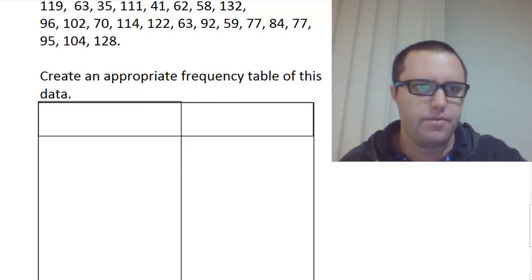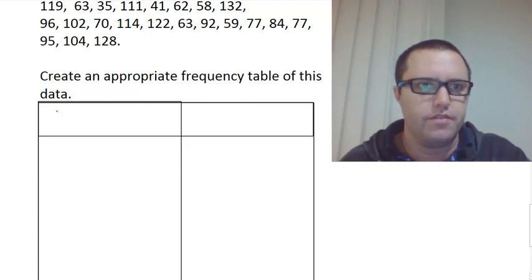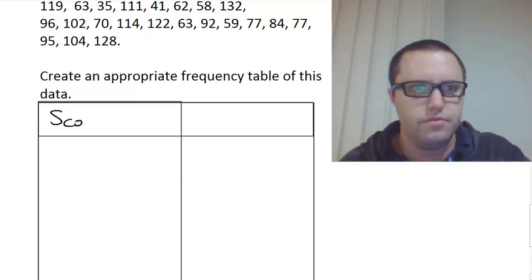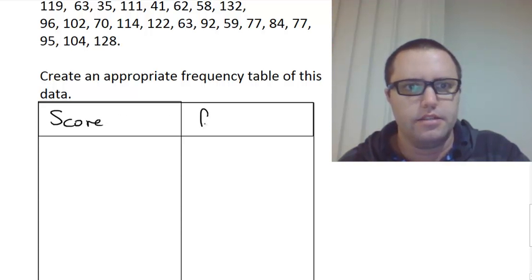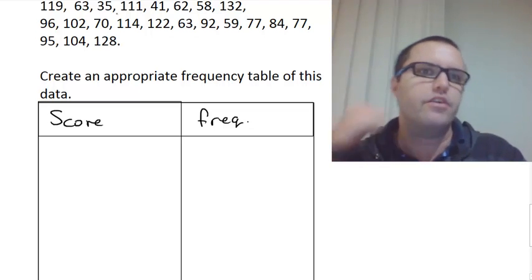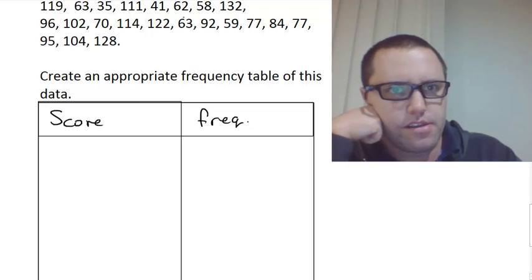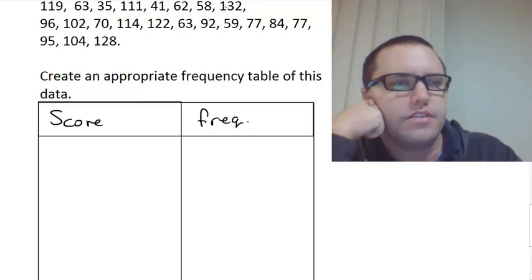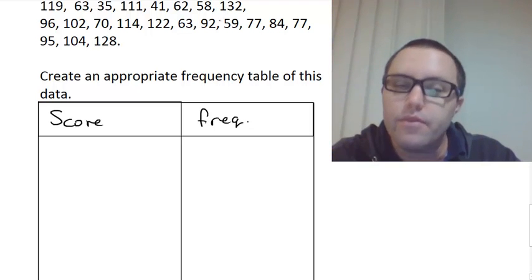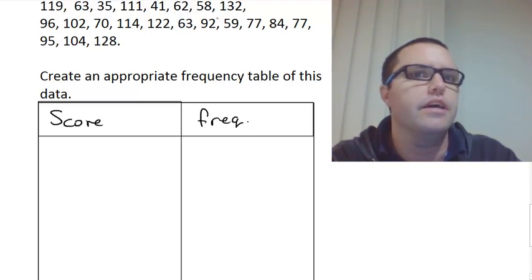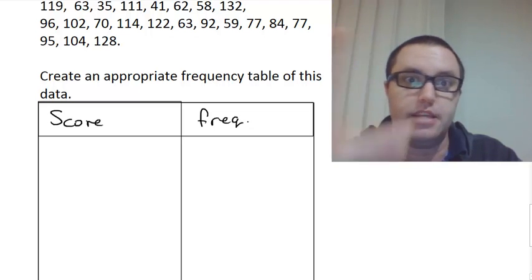We would put score over this side, and here would be frequency. We're starting at 35, going from 35 to 132. So what you might want to do is go by 20s and see how that works.